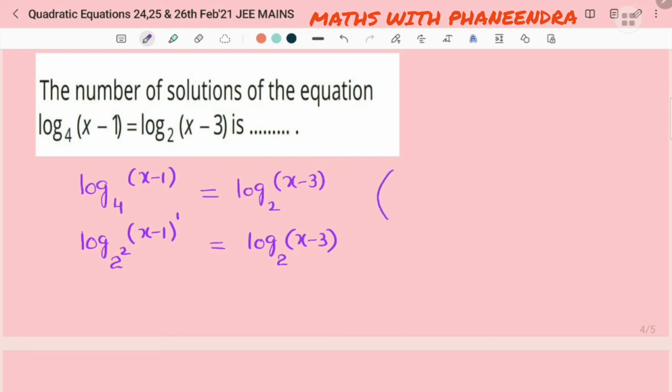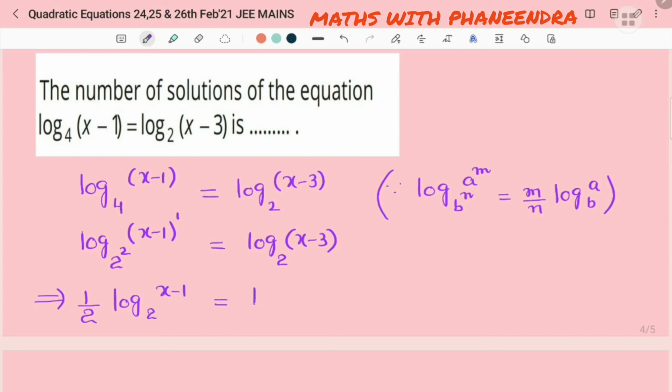Here we have one important result in logarithm properties: log a power m to the base b power n can be written as m by n into log of a to the base b. So by using this property of logarithm, LHS value we can write with m equal to 1 and n equal to 2 here. So 1 by 2 log of x minus 1 to the base 2 is equal to log of x minus 3 to the base 2.